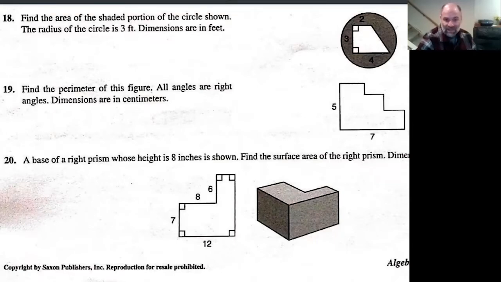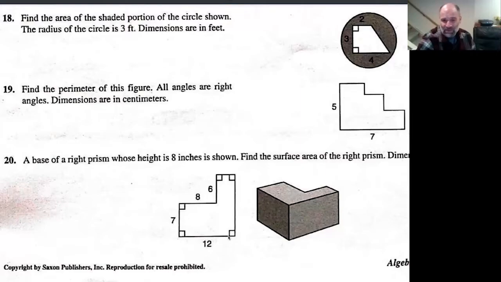So to find the surface area, oh, this is a big one. Surface area is basically the area of the top and the bottom, and then the lateral surface area, which is just the perimeter times the height. So let's calculate the lateral surface area first. To find the perimeter, we can do this the same way we did in the last problem.